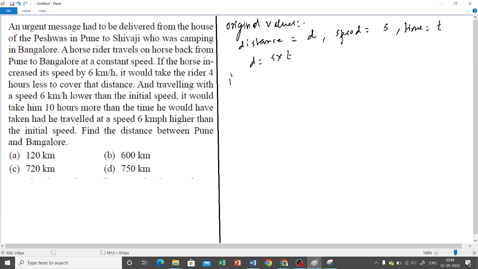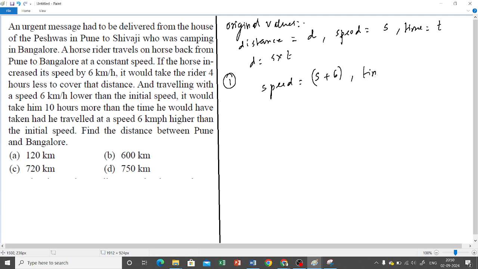Now first case, if the horse increases its speed by 6 km/h, so new speed is what? S plus 6. It would take the rider 4 hours less to cover the distance.